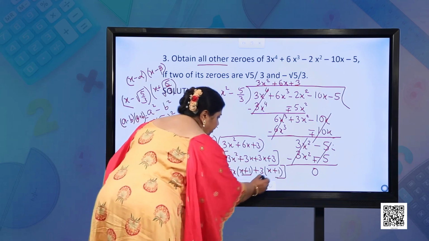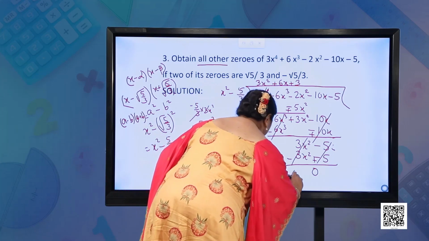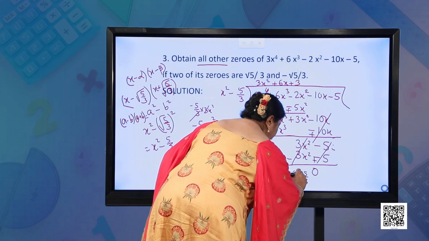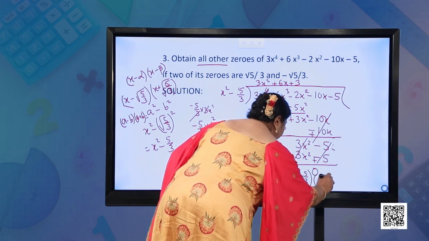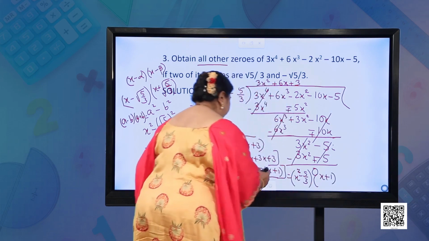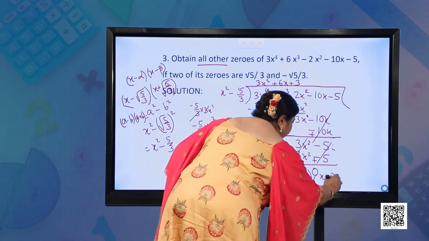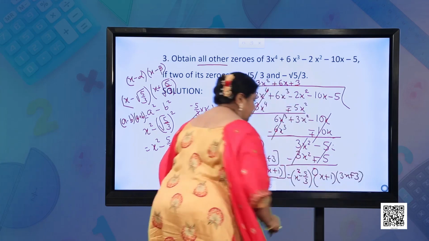So, what do you observe? I get x square minus 5 upon 3 and two factors are x plus 1 and x plus 1 again, it is 3x plus 3, but can I take 3 common here?